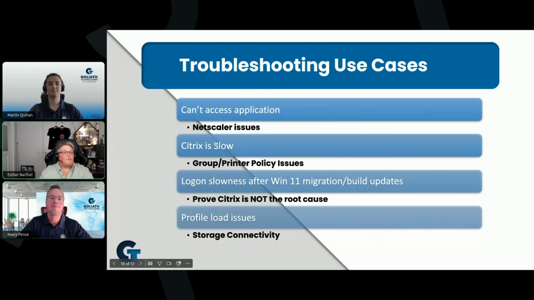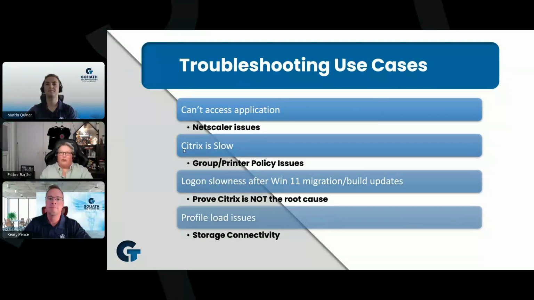For instance, it's a very common incident report where users say, well, Citrix is slow. We can have a whole debate about it, because that Citrix logo is very visual, and it's the first thing that users see when things are breaking down for them.